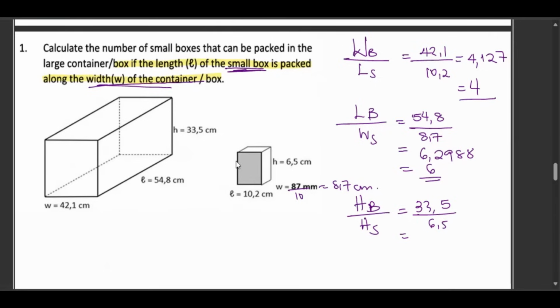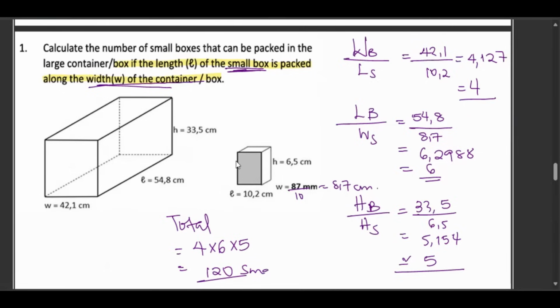So we have the answer as 5,153, which becomes 5. So all in all, what's the total? It is going to be 4 times 6 times 5. 24 times 5, 120.